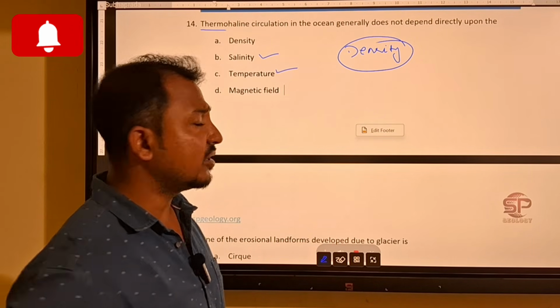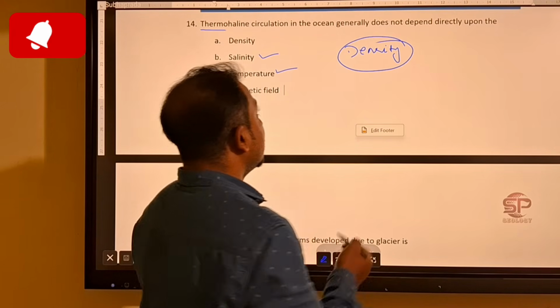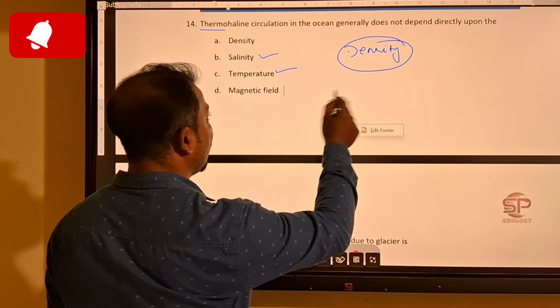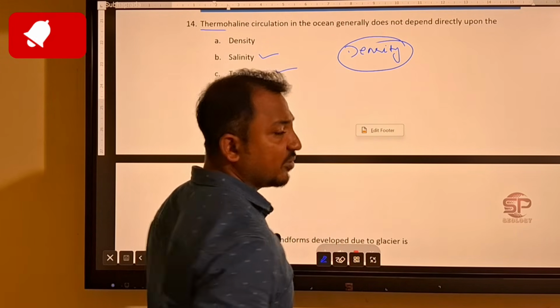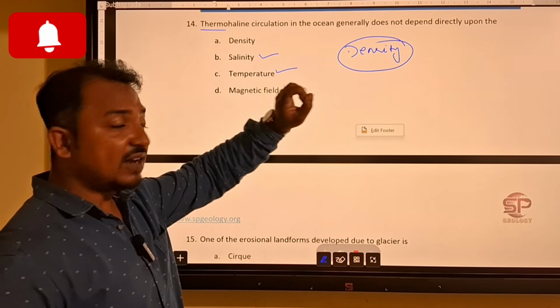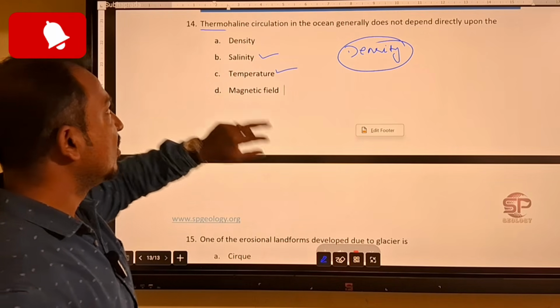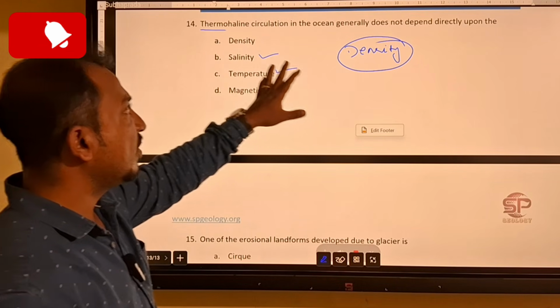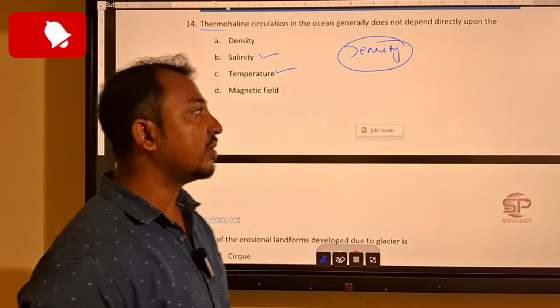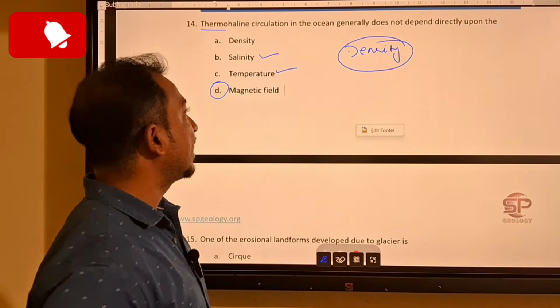More saline means denser, and lower temperature means denser. The thermohaline circulation is also called the conveyor belt of the ocean, which is driven by density, and the density depends upon salinity and temperature. Your question asks what thermohaline circulation in the ocean generally does not depend upon. It does not depend upon the magnetic field. So the answer will be magnetic field.